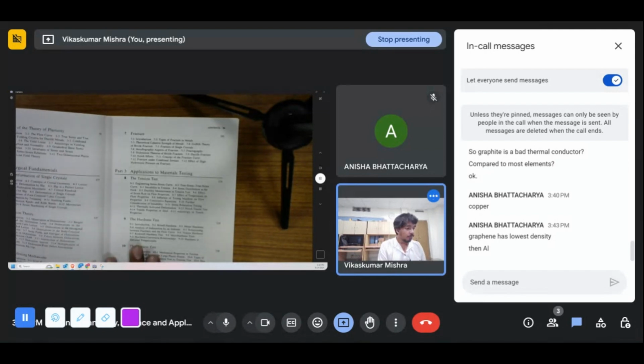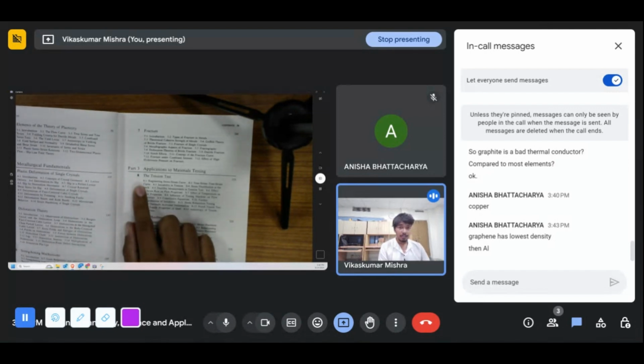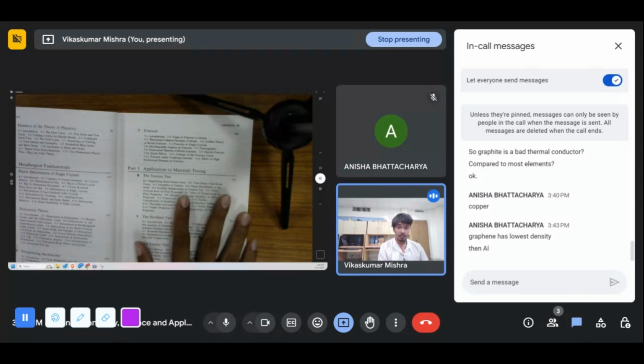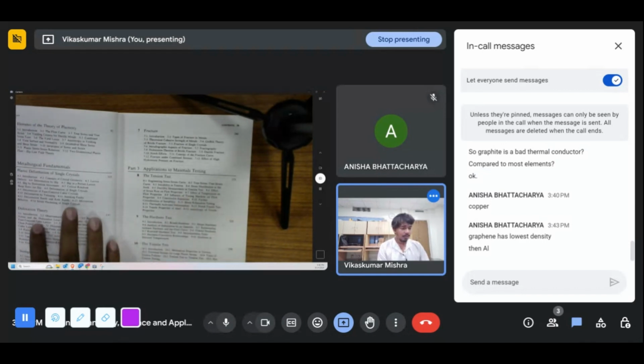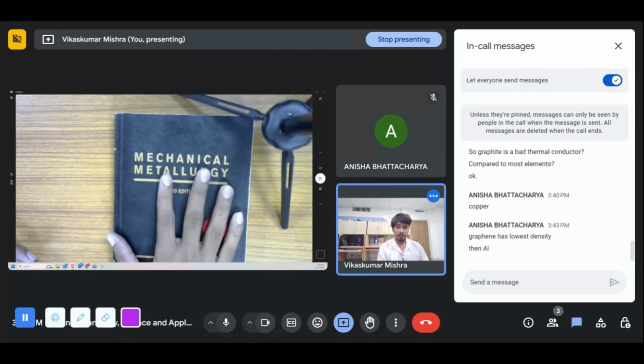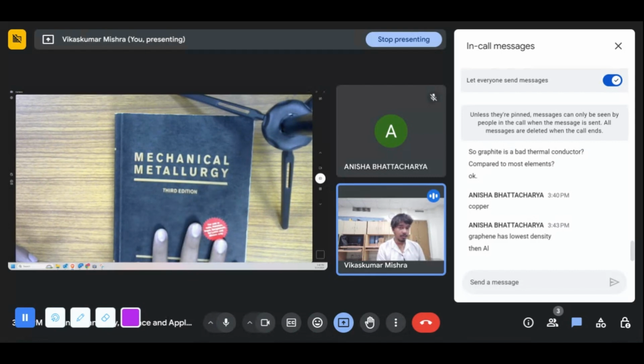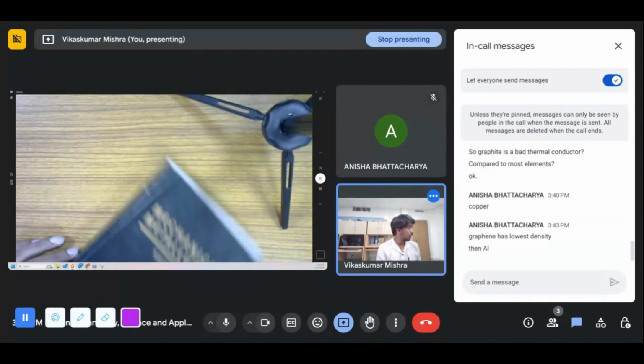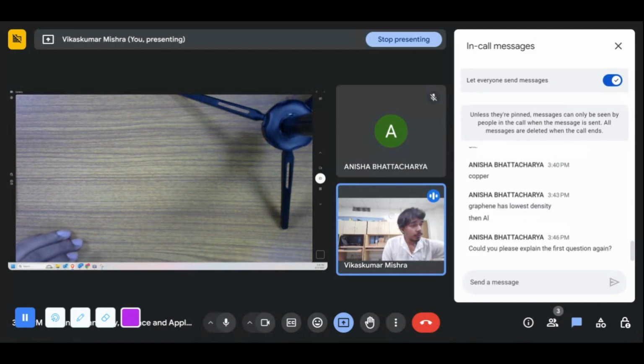You will find chapter 8 is majorly based on these topics. This is a well-known book. All the metallurgists and mechanical people working on the strength of materials follow this book. Then we have also studied.